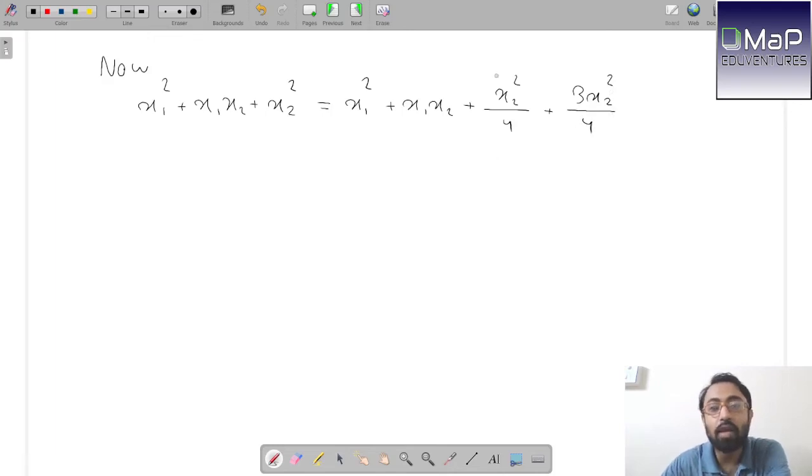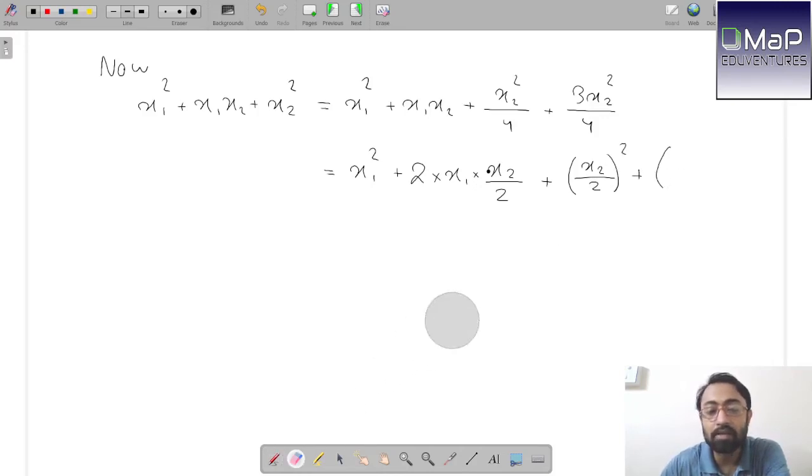We can write this because upon adding these two, we get the same x2 square again. In the next step, x1 square plus, in the second term, introduce a 2 and take the product x1 into x2 by 2. Again we get the same thing equivalently because the 2 will cancel. The third term is written as x2 by 2 whole square, and the last term will remain the same, that is 3 x2 square by 4.